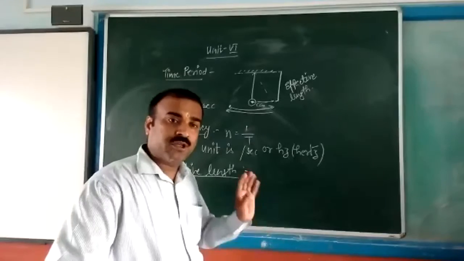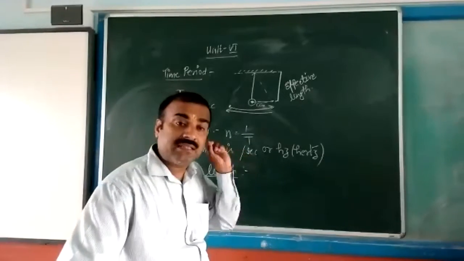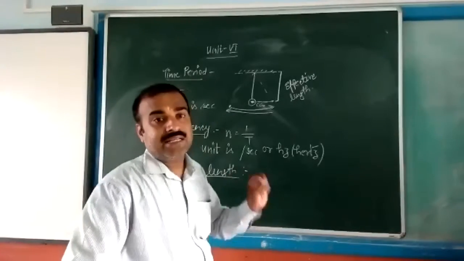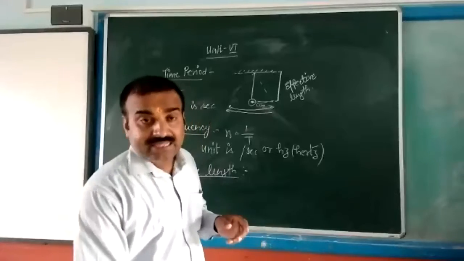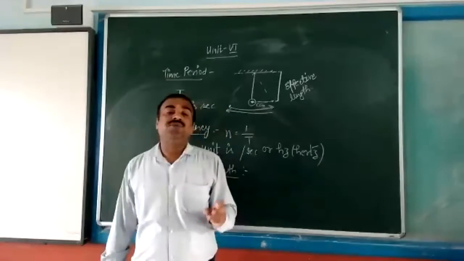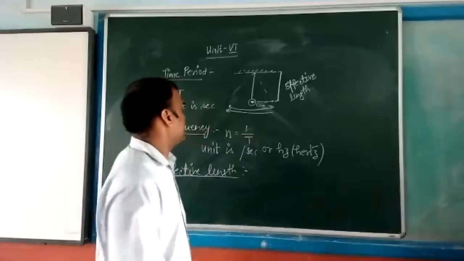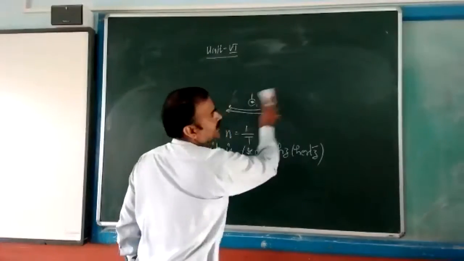I have also explained that by the use of the simple pendulum, we can measure time. Now the next thing I have to define is on which factors the simple pendulum depends. If anyone has any doubt, you can ask me and clear the doubt.